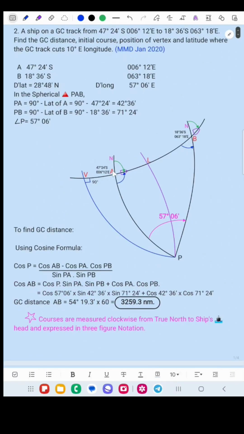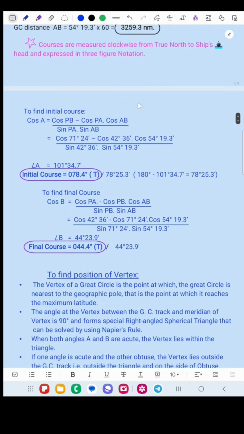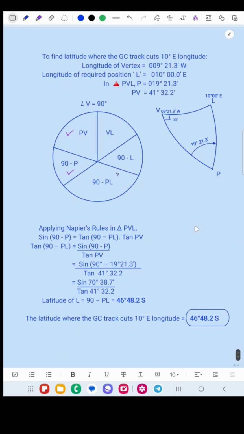Now this L is the 10 degree longitude, and we have to find out the latitude where this GC track is cutting this point. So I have taken out this triangle, Papa Victor Lima, PVL, to find out the latitude where the GC track cuts 10 degrees longitude.